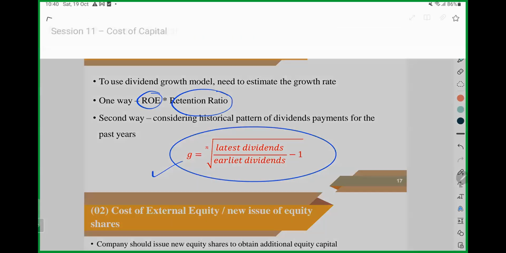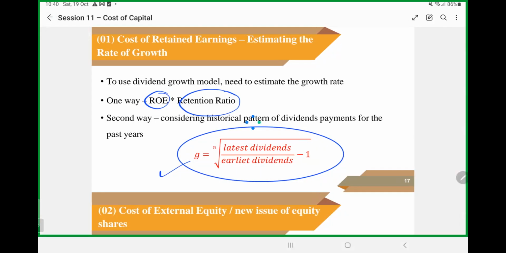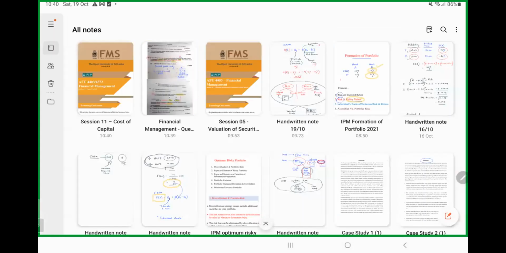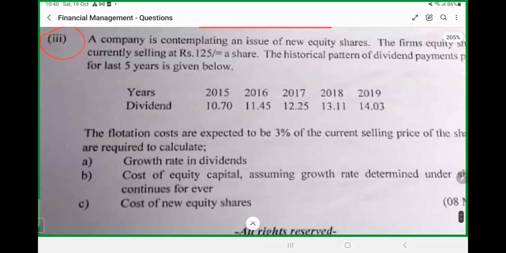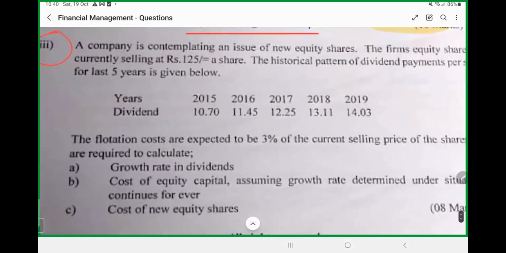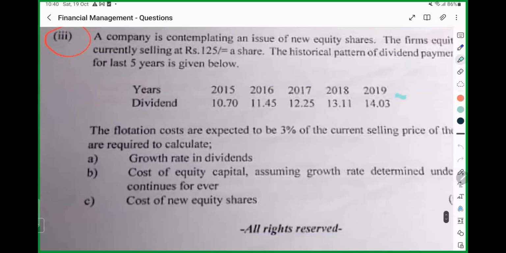Right. So let's calculate. The latest dividend, according to the question, 2019, is 14.3. The earliest, 2015, is 10.7.